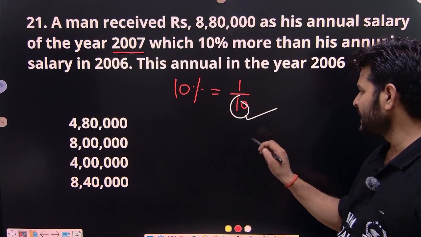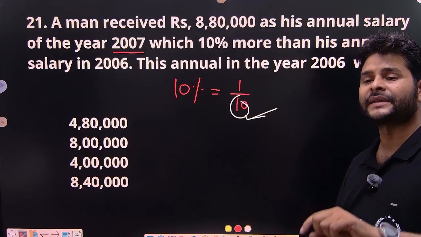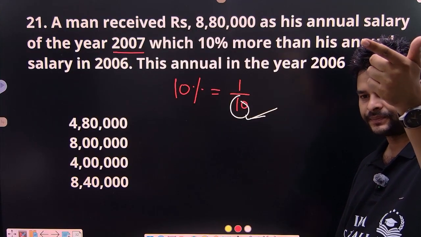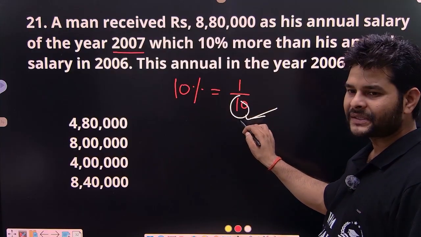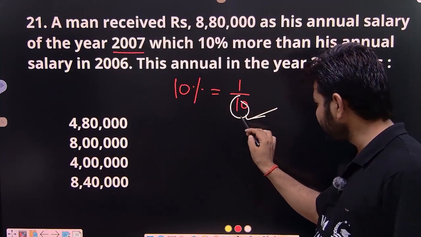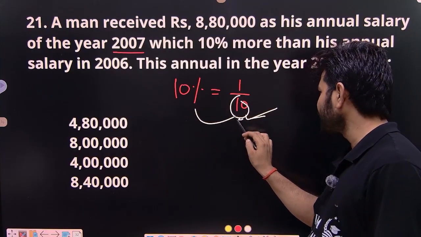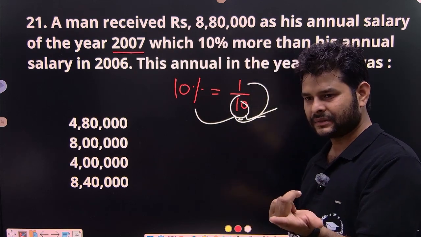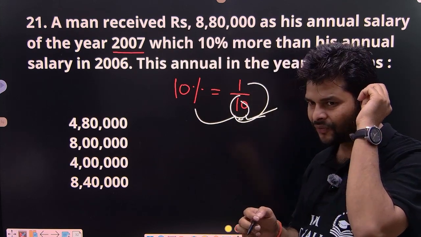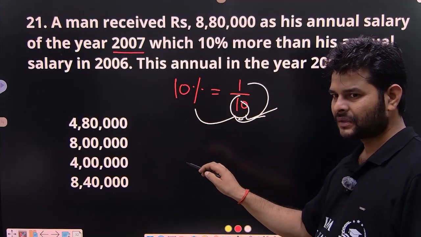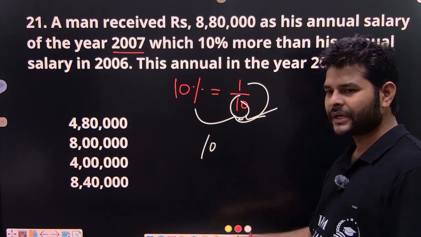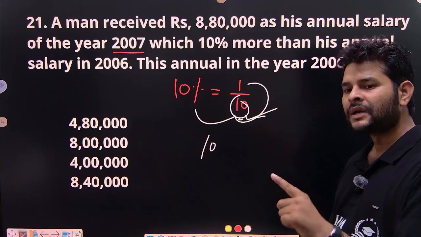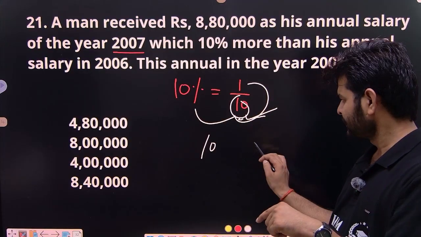So that means 10 unit is representing the salary of 2006, and with a 10% increase, 10% of 10 unit is 1. So in 2007, 1 unit increase. That man was earning 10 unit in 2006. Now with 1 unit increase, he is making 11 unit.